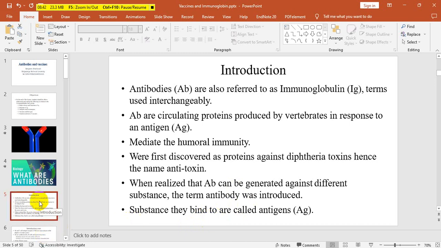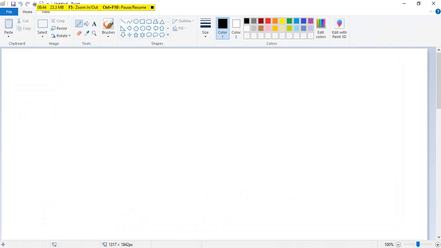This is a B lymphocyte, or B cell. It has antigen receptors on the surface. This is a naive one.